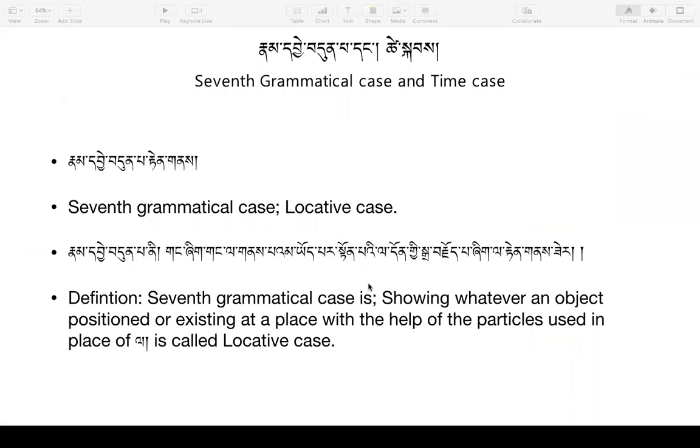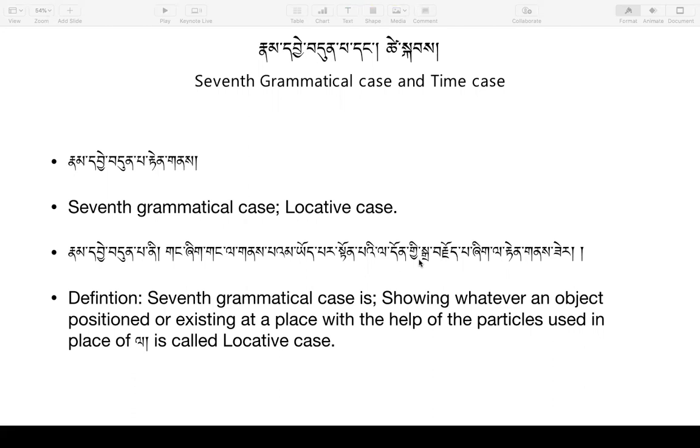So it's a statement. You must understand that this is a statement. What type of statement is it? It's a statement that has to do with the particle used in place of la. It's a usage case of the particle used in place of la, in a way that it shows that something, which is whatever an object, is situated somewhere, whichever the position.